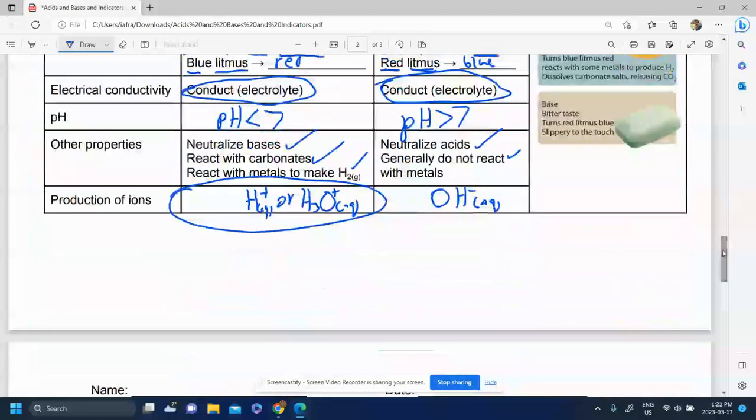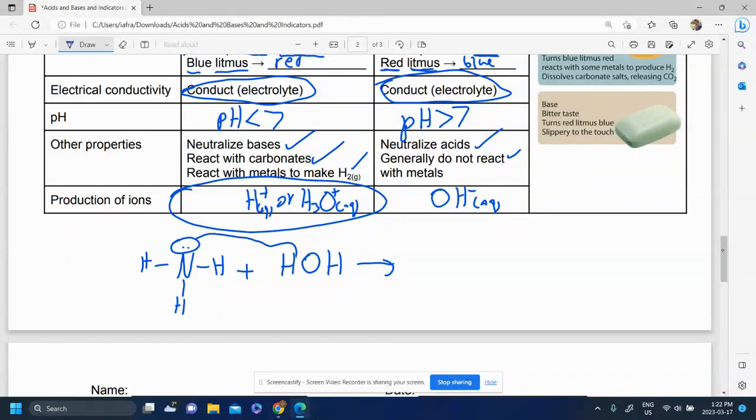Before we go on to the next video, I just want to show you quickly why ammonia is considered a base, even though there's no OH. And I'm going to draw a Lewis structure to show you how this works out. So here we have ammonia, NH3. When you put it in water, what's going to happen is the electrons here are sort of attracted to the hydrogen here because the hydrogen is positive.